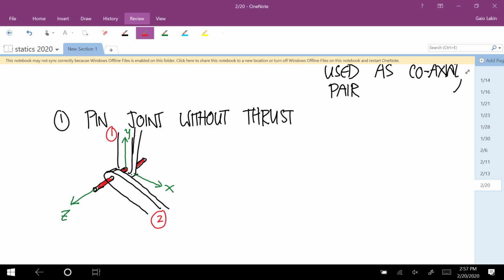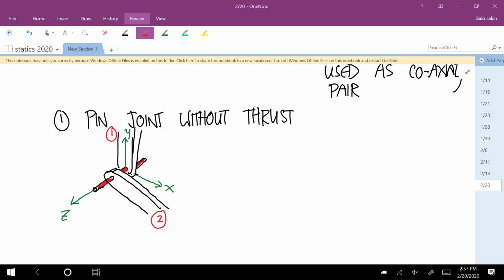And let's think about the motions that are allowed here. So the thing that I'm thinking of as member 1 is this really skinny piece on top, okay? And you can see the pin here is free to slide along its axis. So like that's the Z-axis in this picture. It's sliding along the Z-axis when it does this, okay?